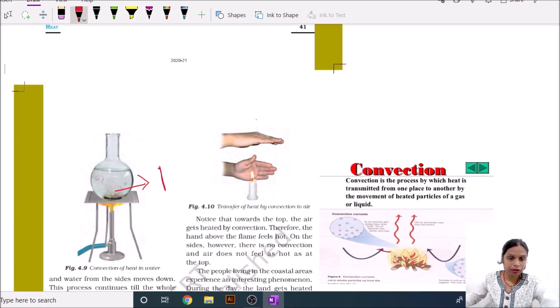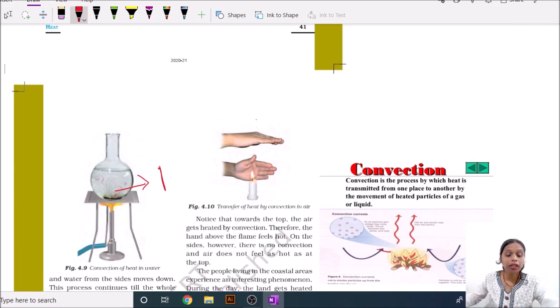After that you take a burner and give heat to that flask, making such an arrangement.